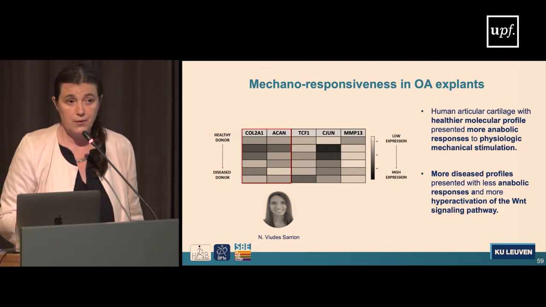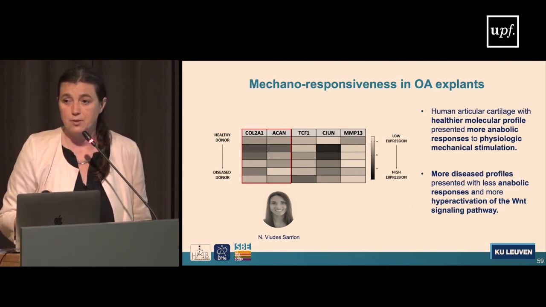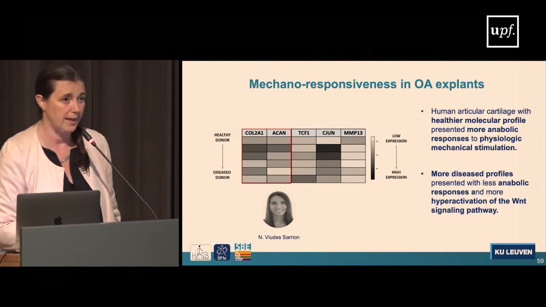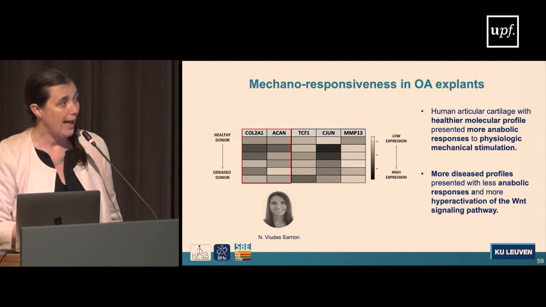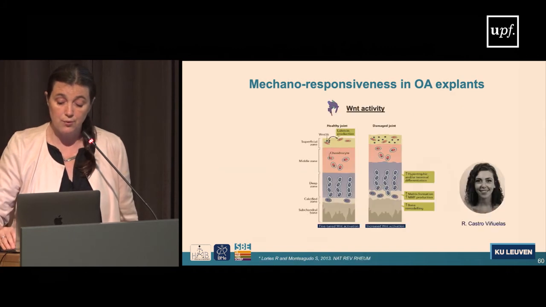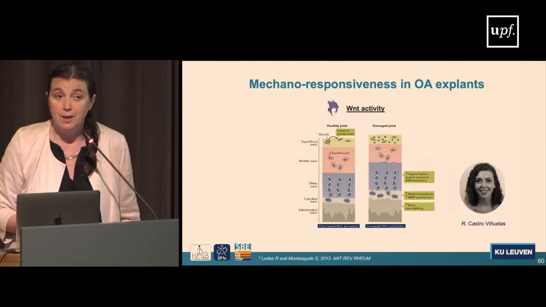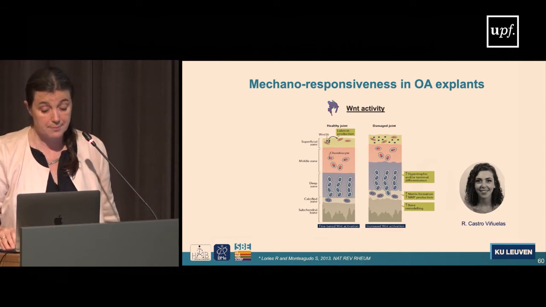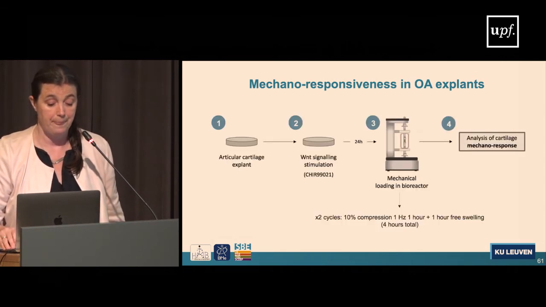The Wnt pathway is implicated in the early onset of osteoarthritis. So we are very much triggered by that to look whether we can further detangle the role of the Wnt pathway in altered mechano-responsiveness in OA, and in particular in early OA.